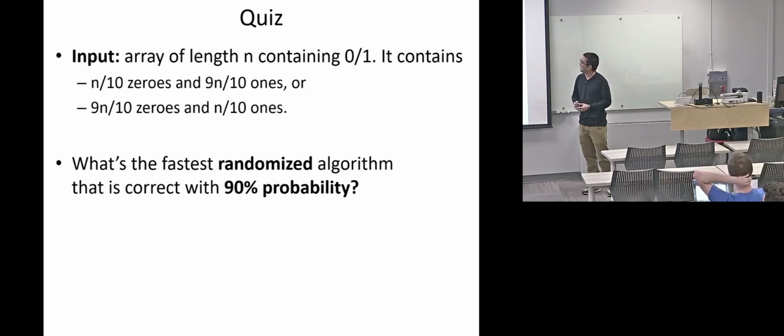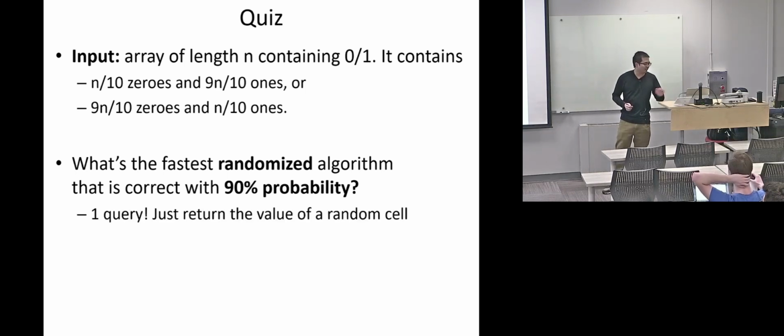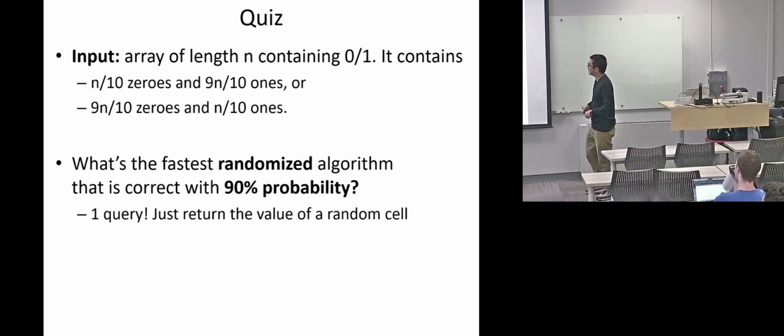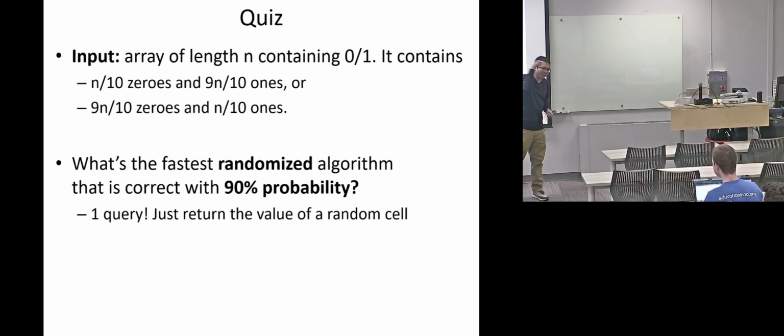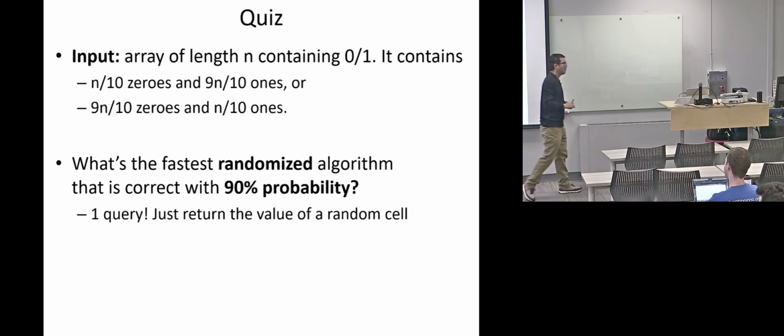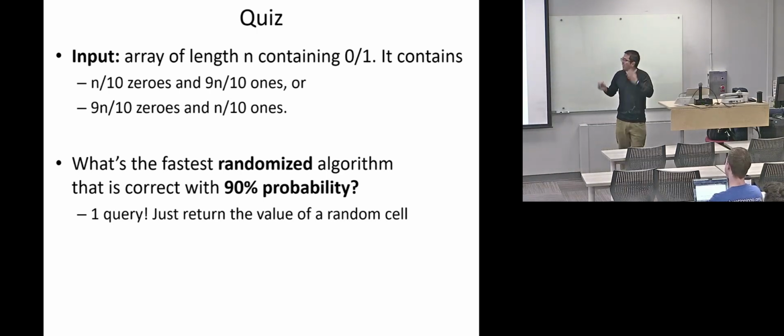Exactly. Just do 1 query and return the value of your random cell. If it's the first case, then with 90% you're going to get 1. In the second case, with 90% you're going to get 0. So here you just need 1 instead of linear.